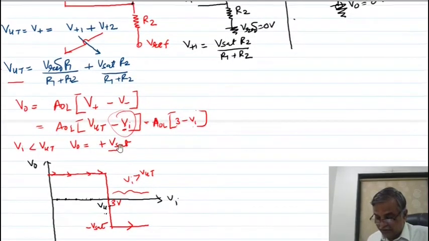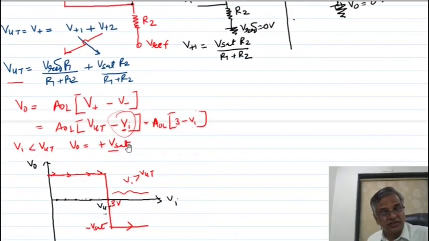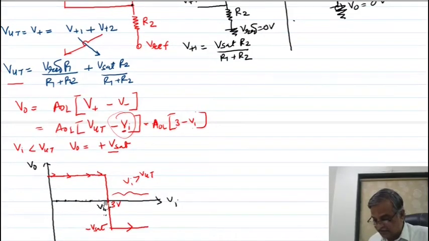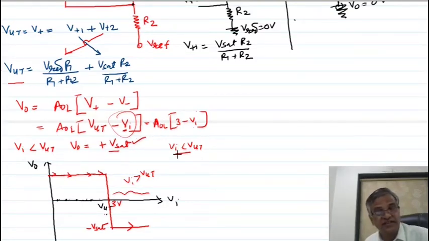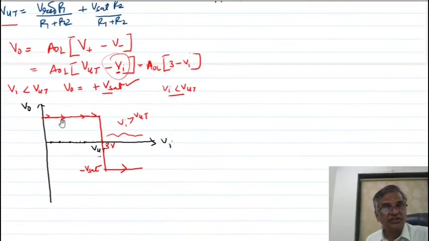The output voltage will remain in this positive state as long as Vi is less than VUT. As Vi becomes more than VUT, immediately my output will change, means it transitions from plus Vsat to minus Vsat.